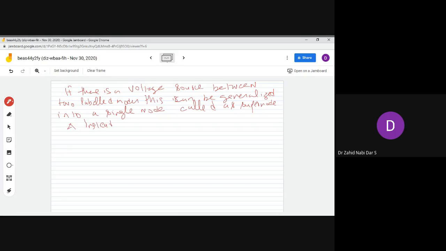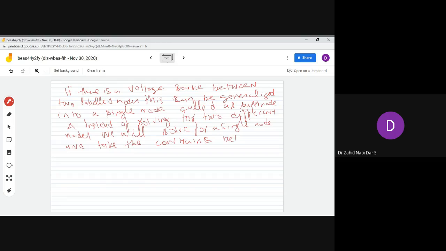Instead of solving for two different nodes with two different equations, we will solve for a single node basically, and take the constraint between the two nodes and get the results.